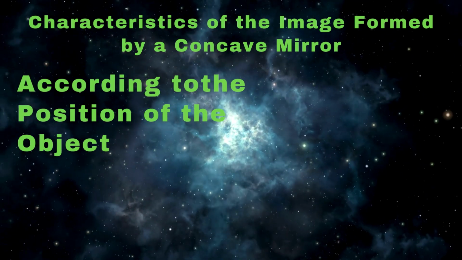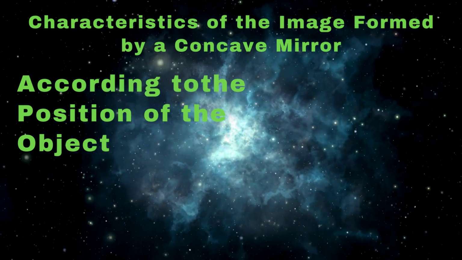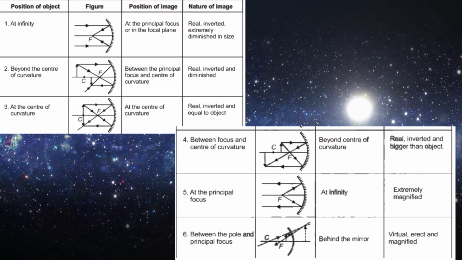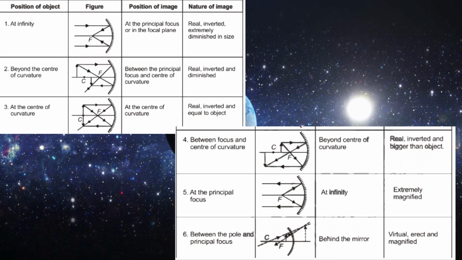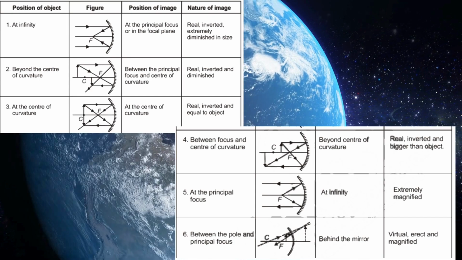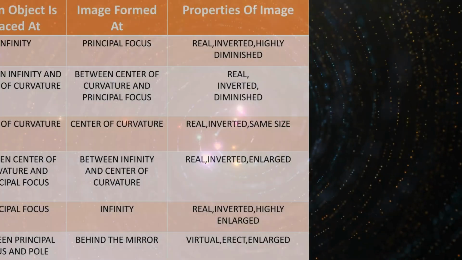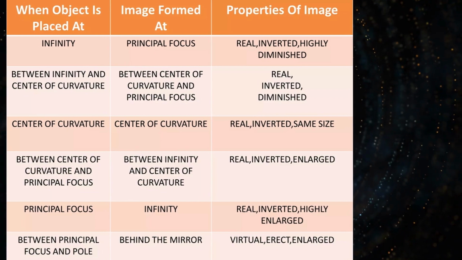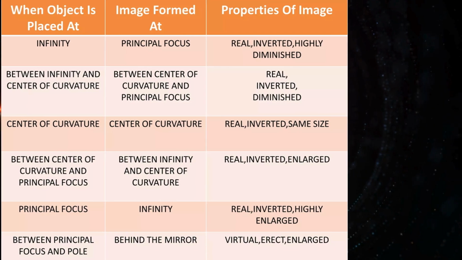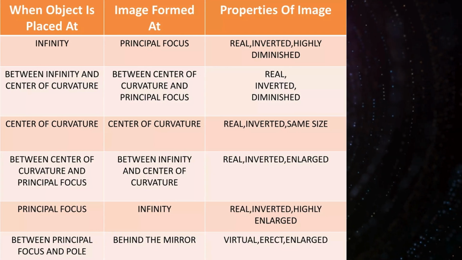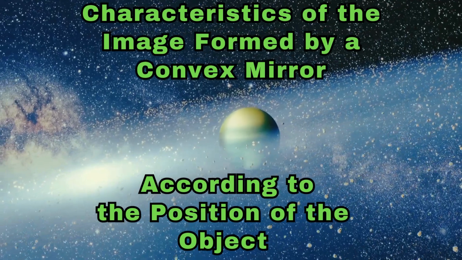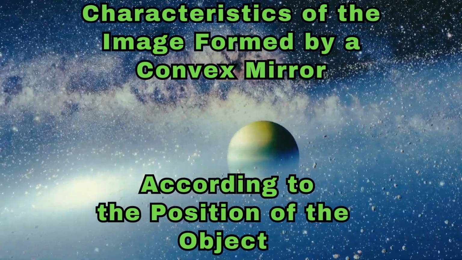Characteristics of the image formed by a concave mirror according to the position of the object. Characteristics of the image formed by a convex mirror according to the position of the object.